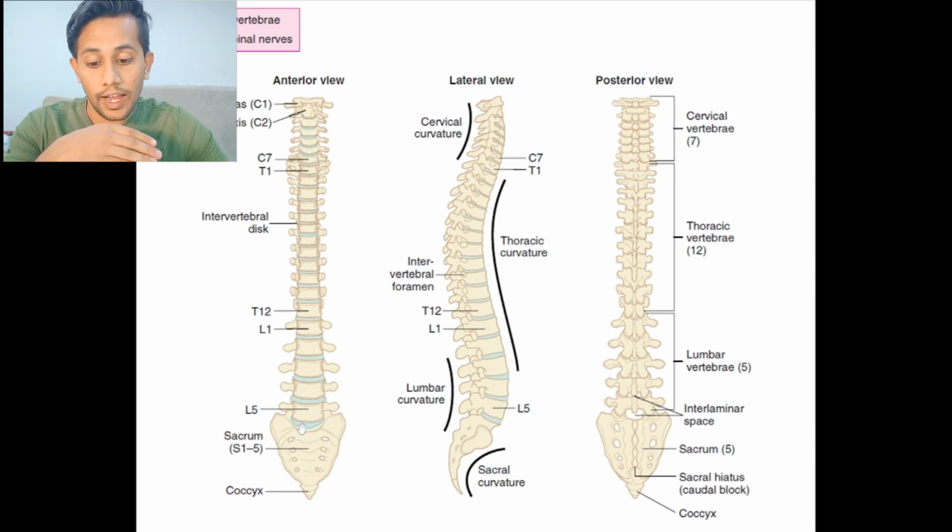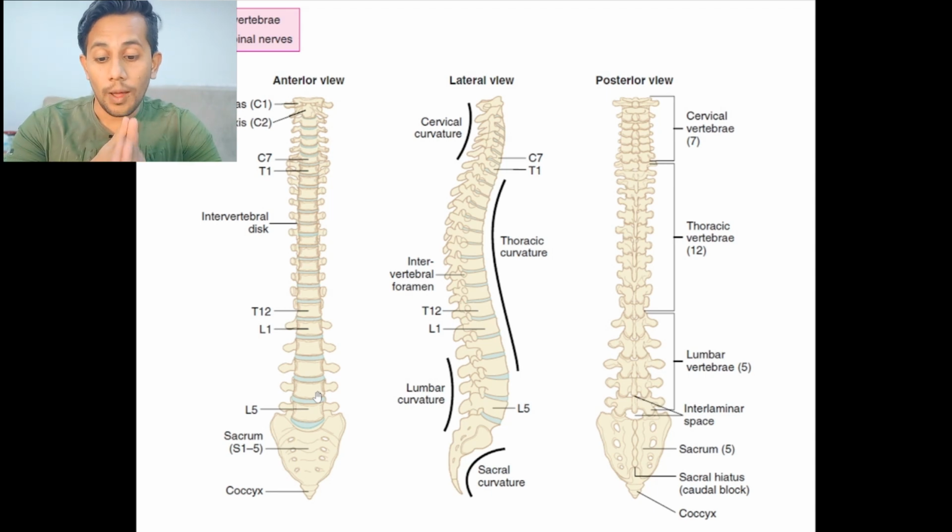So after L5, the weight will be going to your legs, and that is why the sacrum, as you see fused, is not as wide and is decreasing in width. Now, because the lumbar is bearing the most amount of weight in your spine, the most injury prone area would be, of course, the lumbar, and we will be discussing that later.